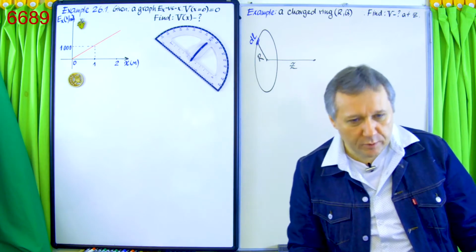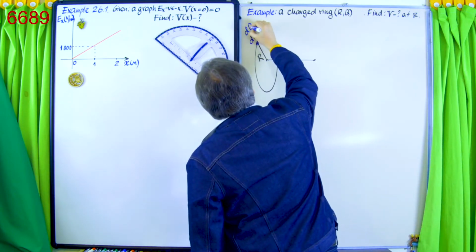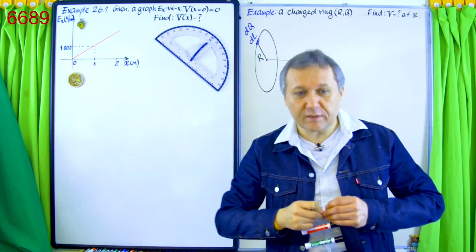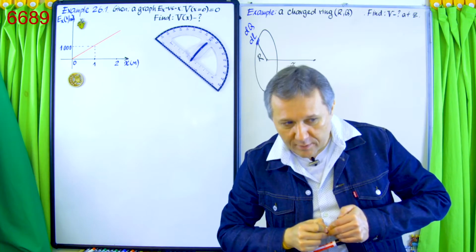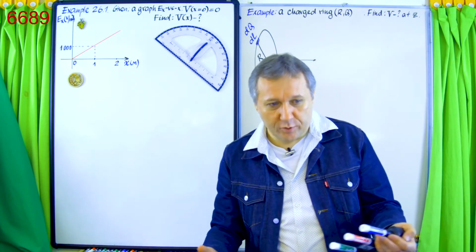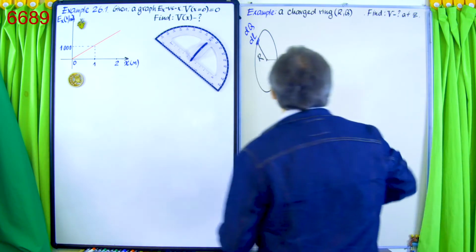And of course, there will be some small amount of charge dq on this section dl. It's infinitesimally small. It means that it's smaller than anything you can think of. It means that we can treat it as a point charge. You remember these words at the beginning of that example a couple of weeks ago, right?